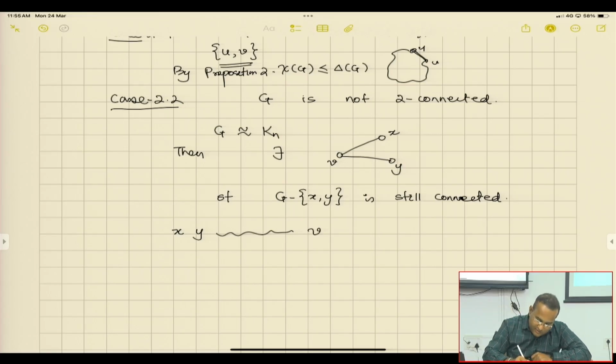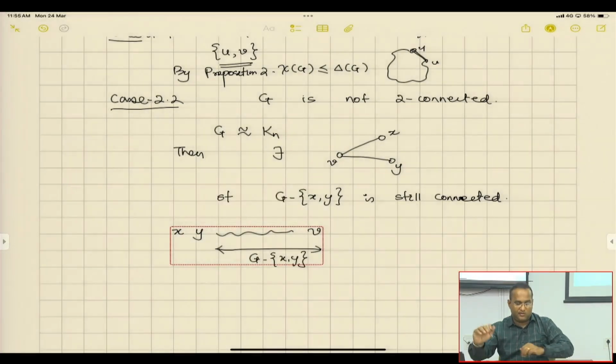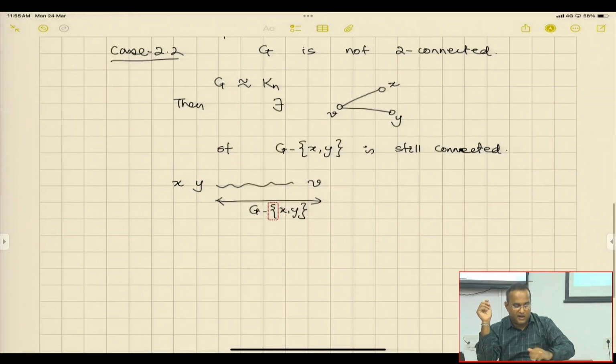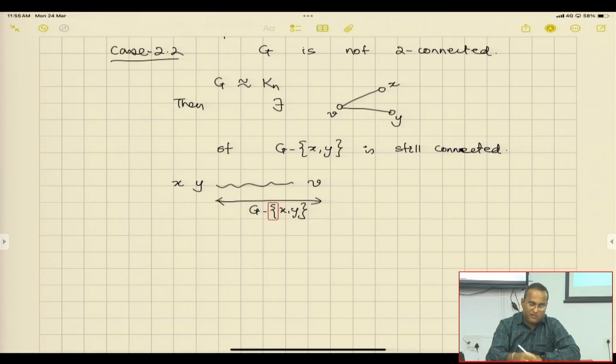So this part is G minus xy, clear? Okay, now apply greedy algorithm.